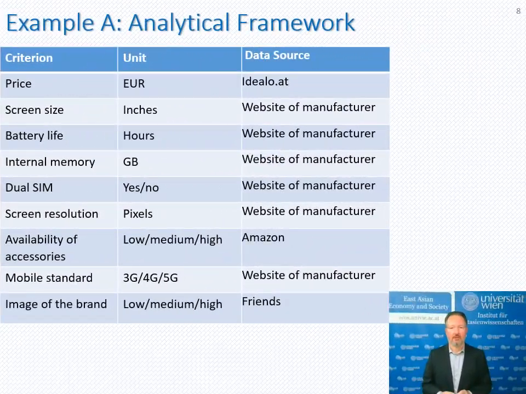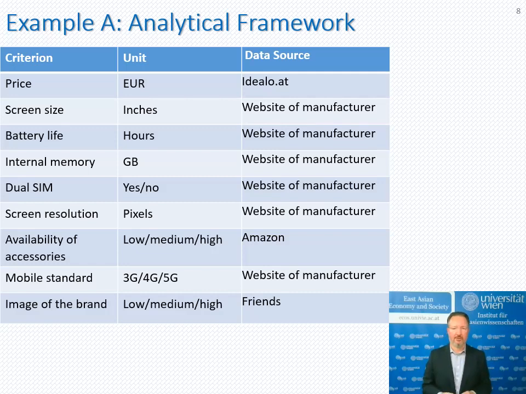That's how it would look like. So this is for your mobile phone, right? You have the price. You know that it is measured in euros, and you will find it from one of those websites that helps you comparing prices of various products. You also found that perhaps the size of the touchscreen matters to you.